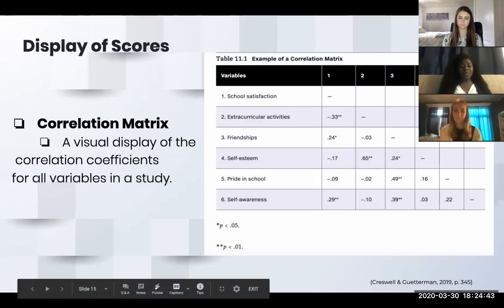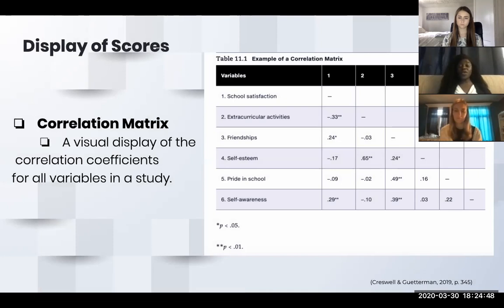Another way to display sets of scores is using the correlational matrix. This displays the correlation coefficients, which is the Pearson-R that I mentioned before. So we're not displaying the scores, but the correlation coefficients for each variable in a study.